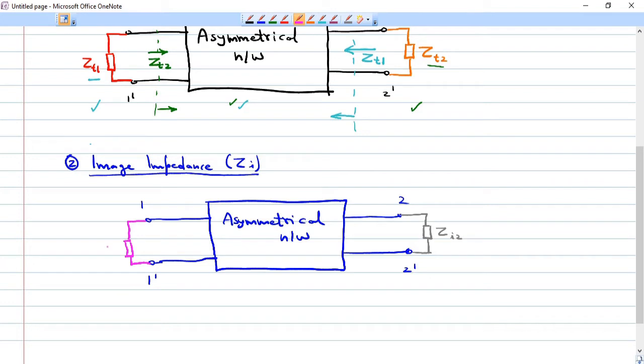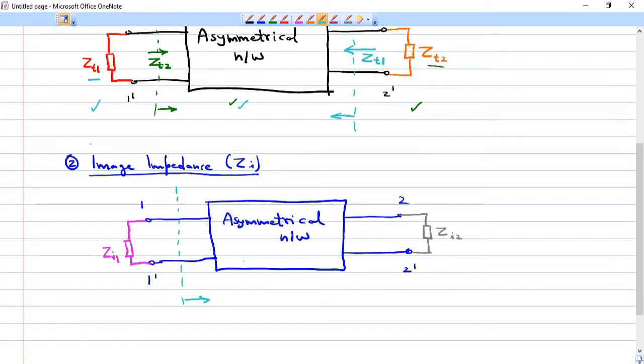Now this is Zi1. Okay. So how have we defined Zi1 and Zi2? To understand that, let us look at the network from the port 1 side, that is the input side, like this.